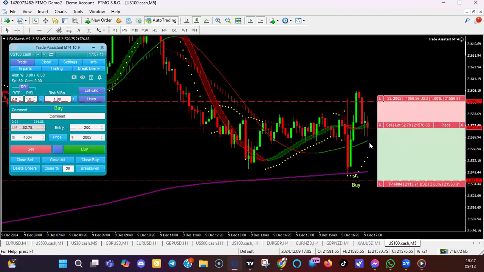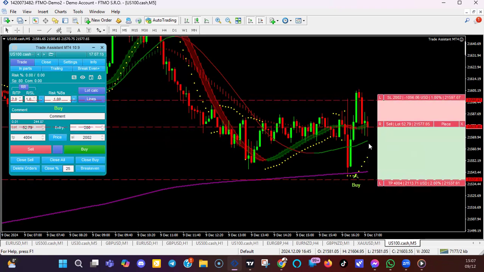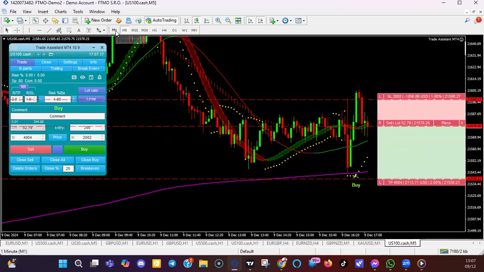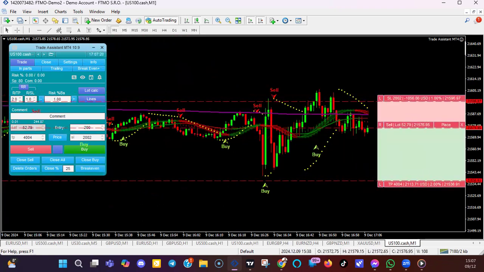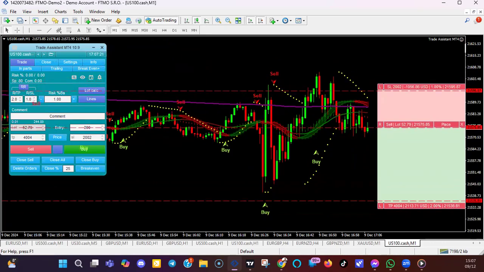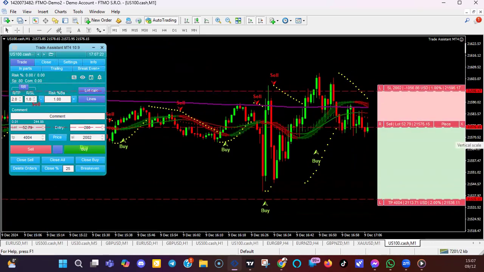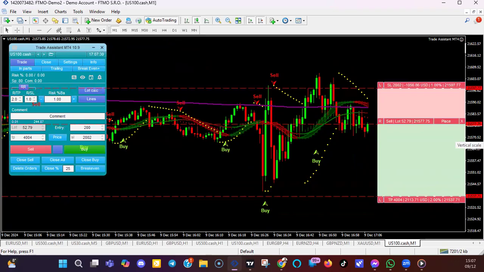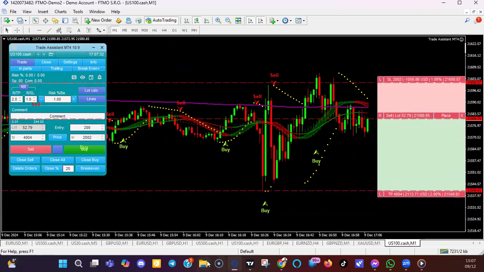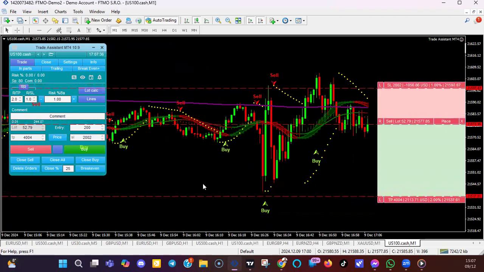I should imagine the sell alert would appear if price gets down to where the trend line is on the 5 minute. Sorry, I don't mean to confuse, but I'm going to stick with this at the minute and see what happens. If anything, of course, it might go up.